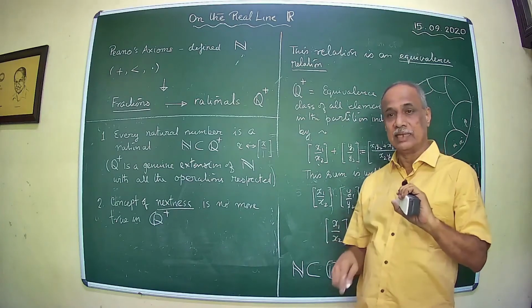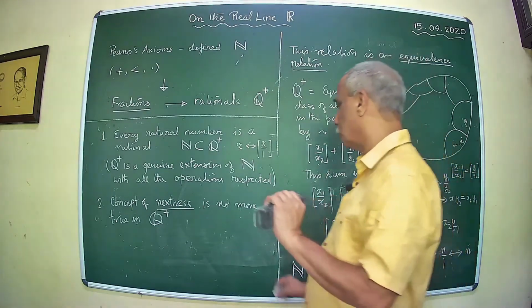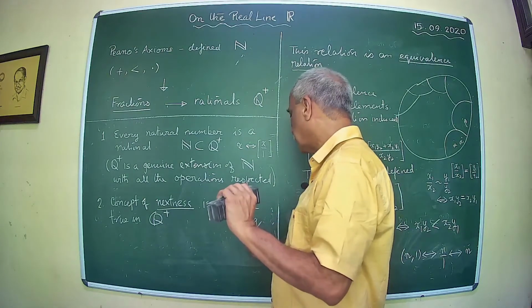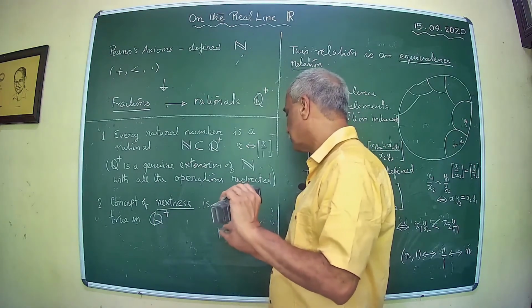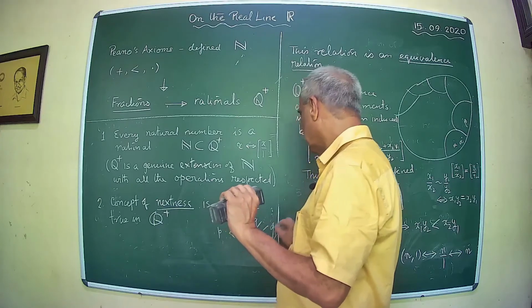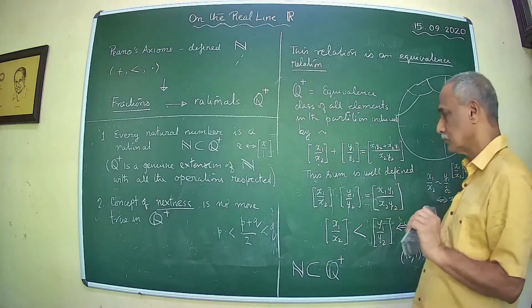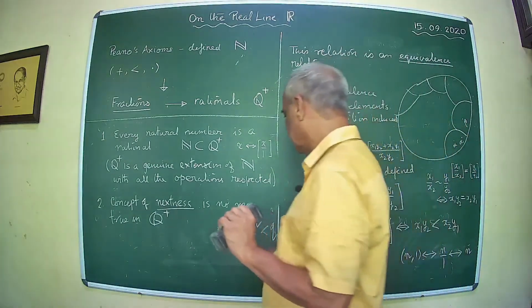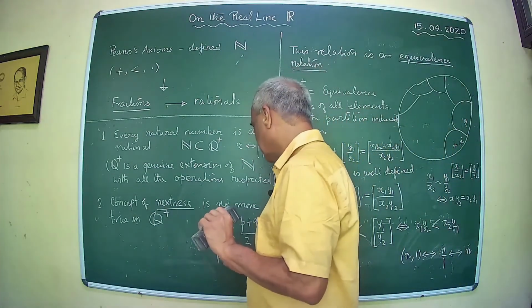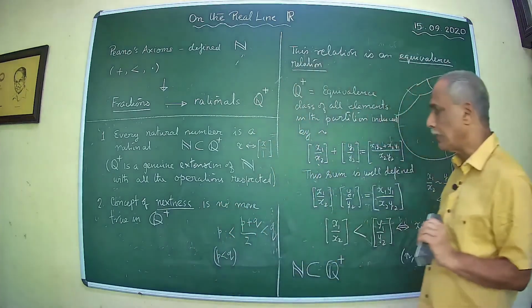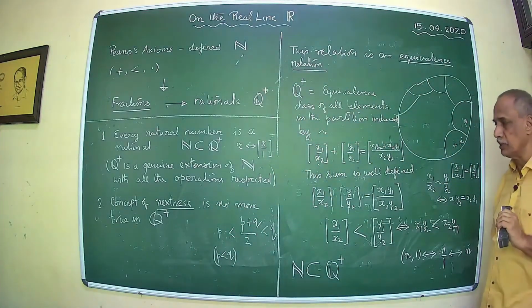But what you see is that if p is a rational number, q is a rational number, then p plus q by 2 has the property that if p is less than q, then p plus q by 2 lies between p and q.